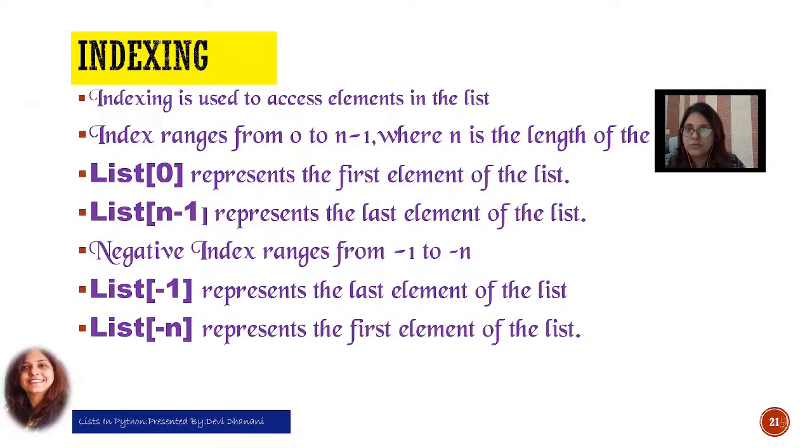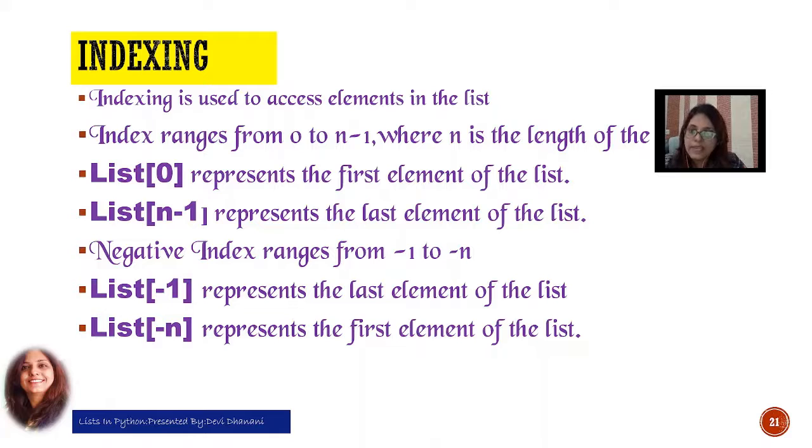Now let's move on to the next part. Before we move on to the functions that are available to us for the list data type, we need to understand what is meant by indexing. As you know, indexing is used to access elements in the list, just like we have been using indexing in the other data types, that is strings and tuples. Now what is an index?